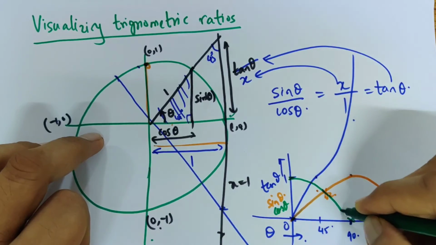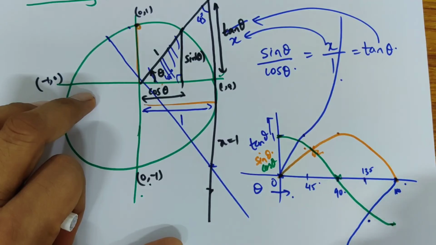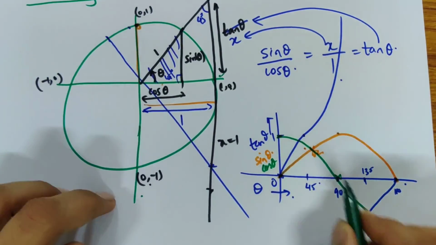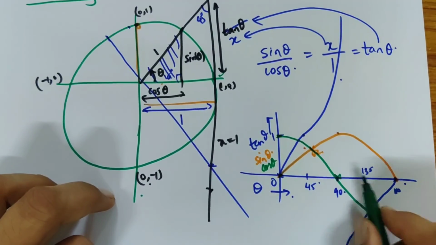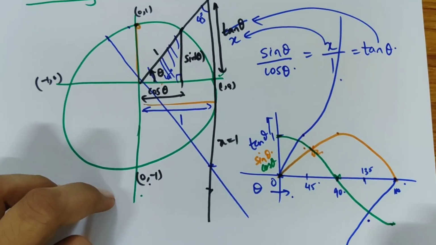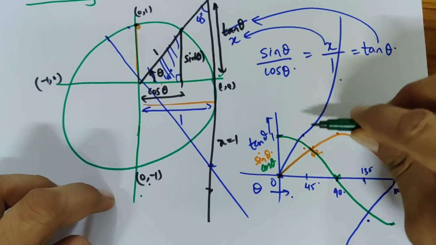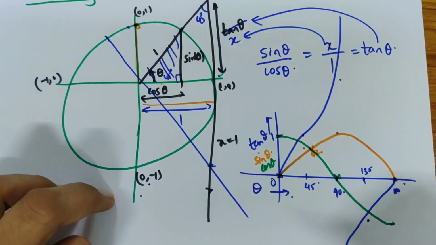So the cosine curve looks like so, and the ratio of these two, when cosine is hitting close to 0, is when the tan theta blows up, which you can see. And after this, this has changed sign, that has not changed sign, so that's why the ratio becomes negative. So the ratio of sine and cosine here is positive, the ratio here is negative, and that's what's happening here.